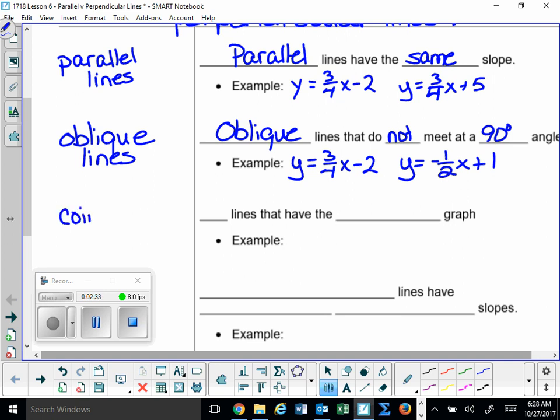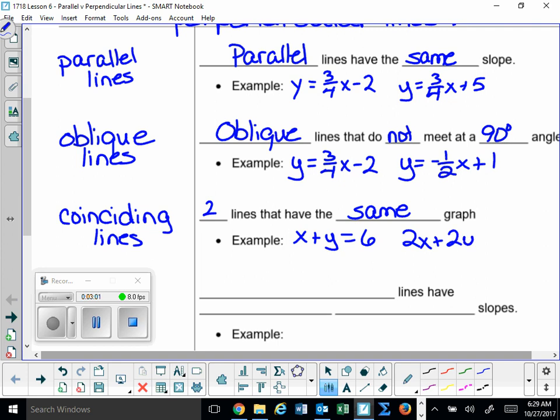Coinciding lines. Coinciding lines, so two lines, I'm going to say, that have the same graph. All right, so let's do one in standard form. x plus y equals 6. 2x plus 2y equals 12.